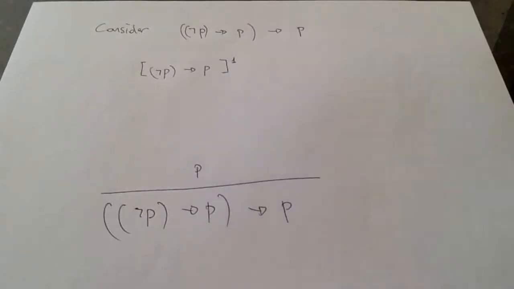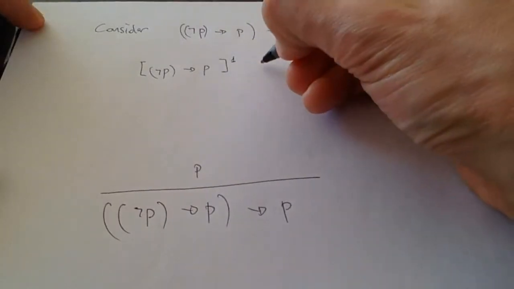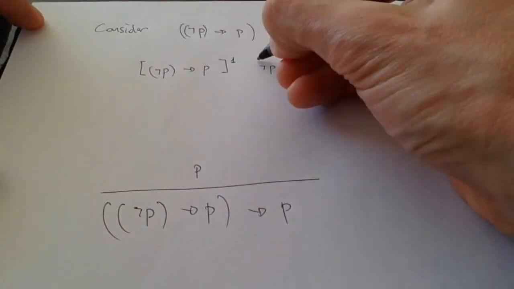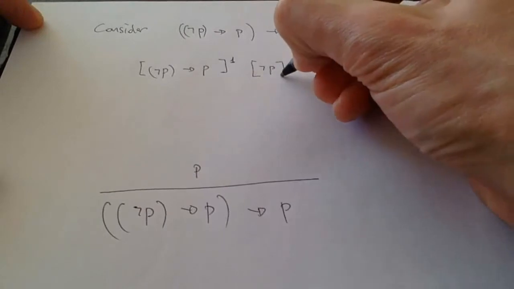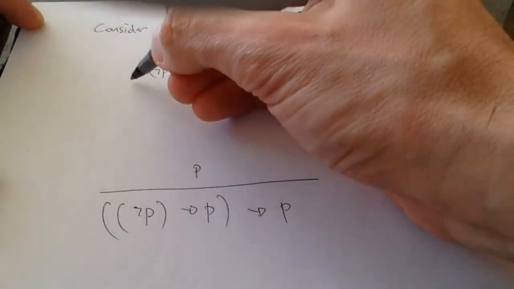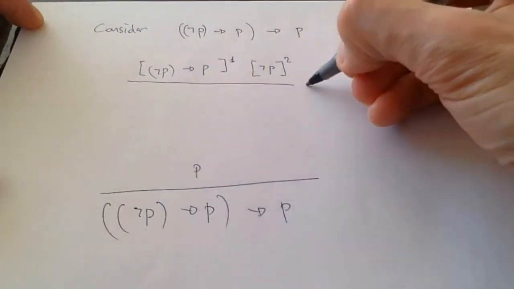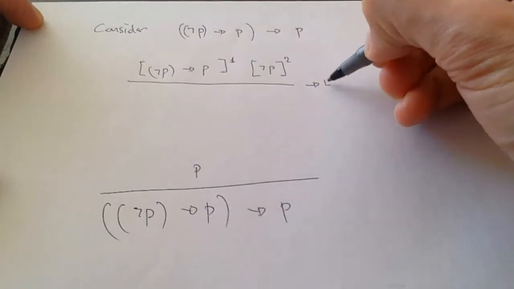So how can I get to P? One thing I can do is that I assume not P up here. This is my assumption number 2. And I use implication elimination.